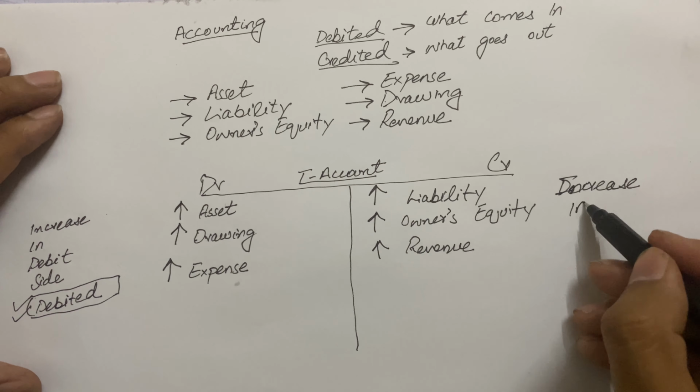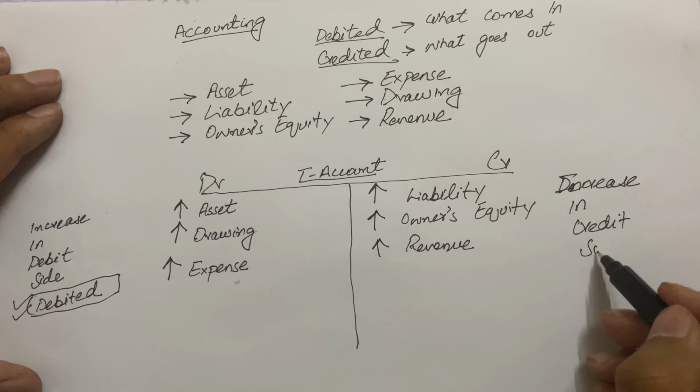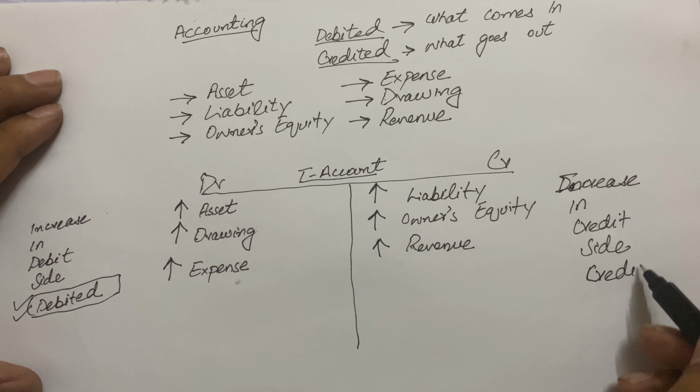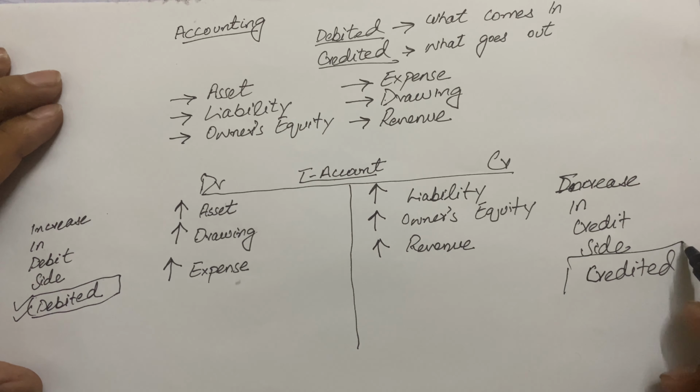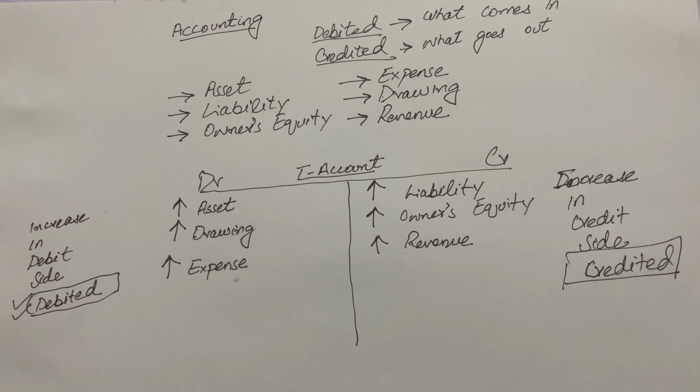Means whenever there is an increase in the credit side, like an increase in liability, owner's equity, or revenue, it will always be credited.